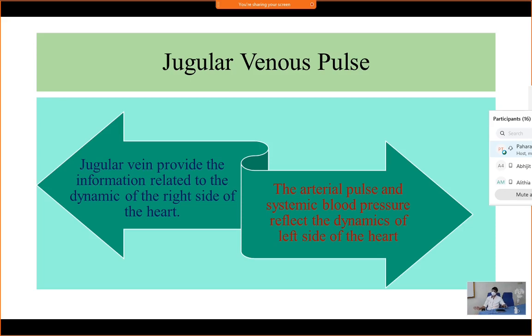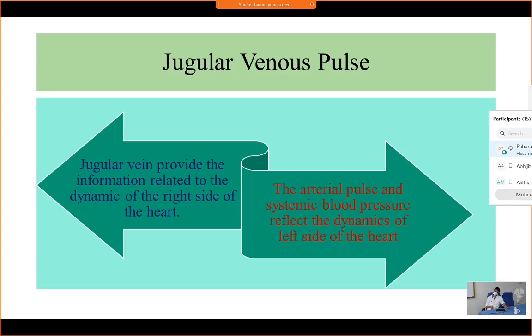So the jugular venous pulse. We have already discussed that the jugular vein provides information related to the dynamics of the right side of the heart, and the arterial pulse and systemic blood pressure reflect the dynamics of the left side of the heart. So if a person has failure of the left side, or left ventricular failure, then you will get low BP or a low volume pulse.